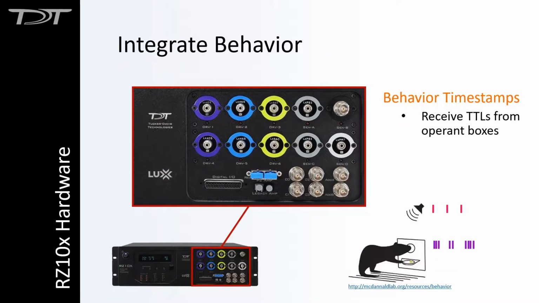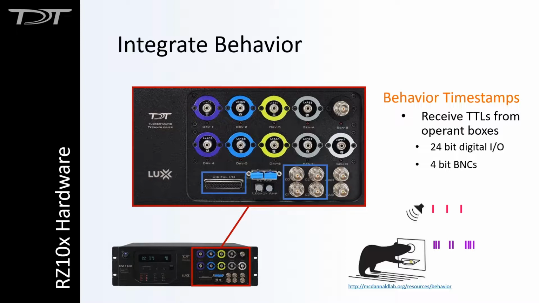So next, going back to the RZ10X, other things that we can integrate include behavior. So if you have an operant box for your behavior system, we have a DB25 connection with 24 bits of digital I/O, so you can connect from your operant box to our digital I/O. We also have 4 individual BNC connections, each a single bit.